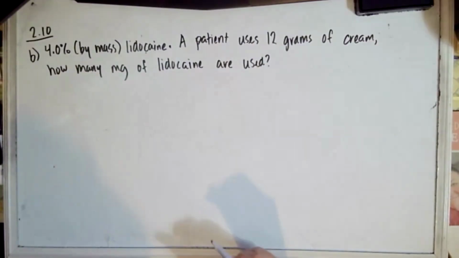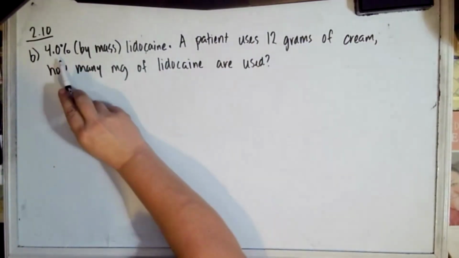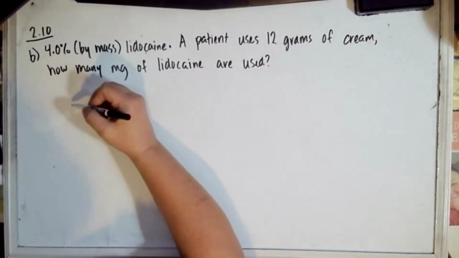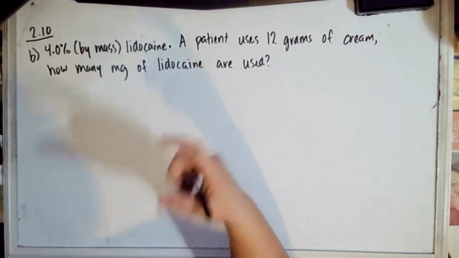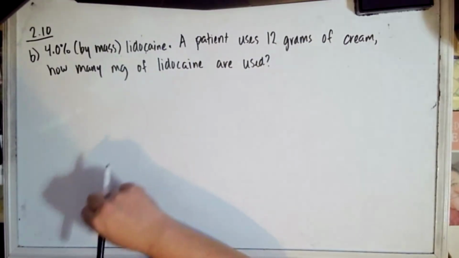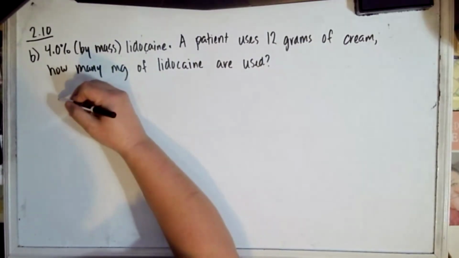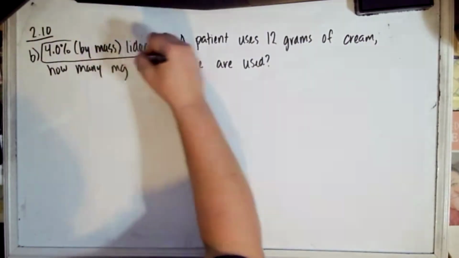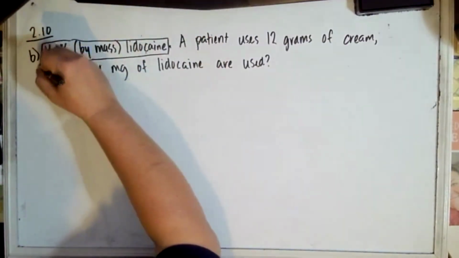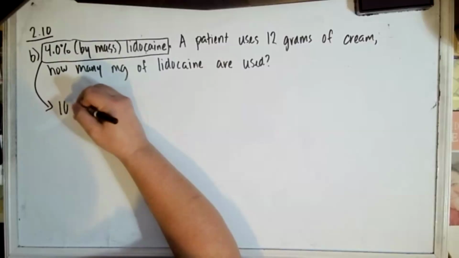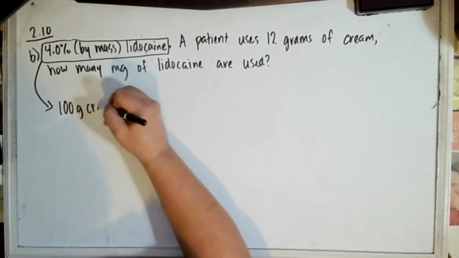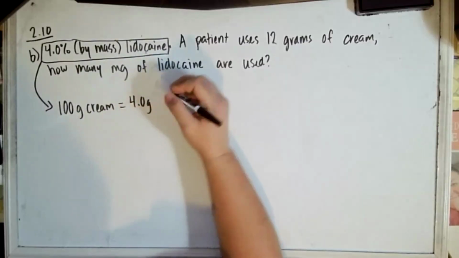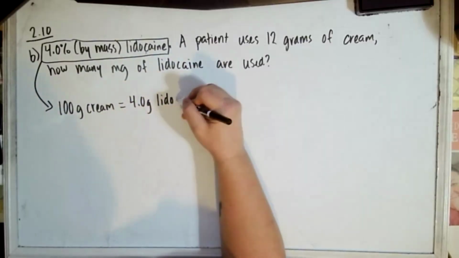Okay, so from our percentage here, we're going to be able to relate the amount of lidocaine that's in the total sample of cream. What 4% tells us is that if we had 100 grams of cream total, that 4 of those grams would be lidocaine.